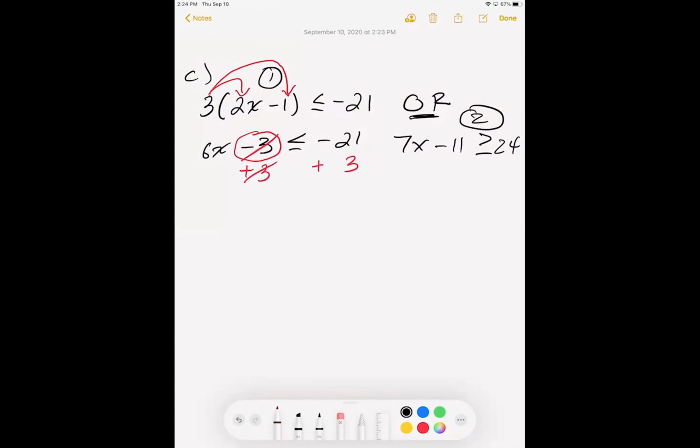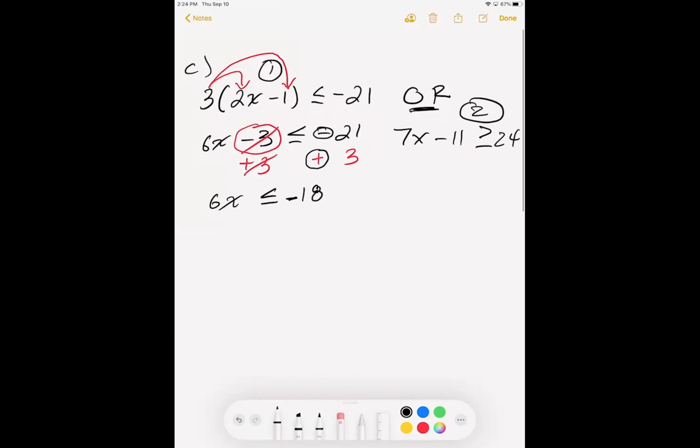And this is my new problem. I have 6x less than or equal to, again, same sign I add, opposite sign I subtract, 21 take away 3 to give me 18. And because the 21 is bigger, I kept the sign of the larger number. In this case, I have a negative 18.